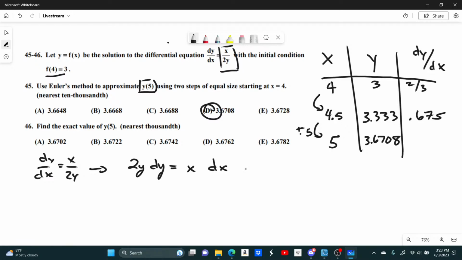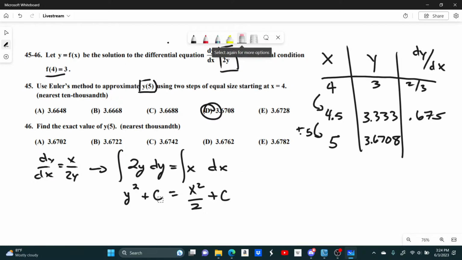Now, if I integrate both sides, the integral of 2y with respect to y is y squared. Don't forget to add your plus c. And if I integrate x with respect to x, that gives me x squared over 2, and then plus c.